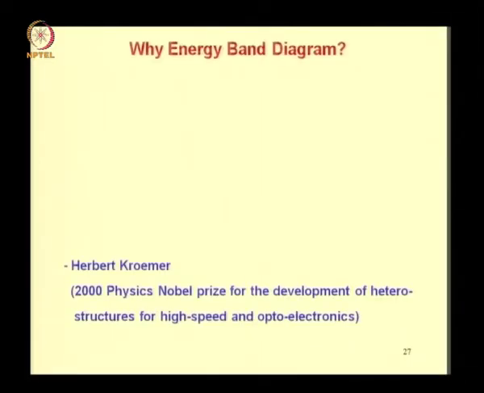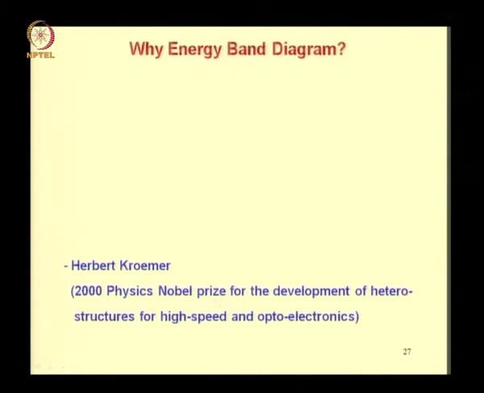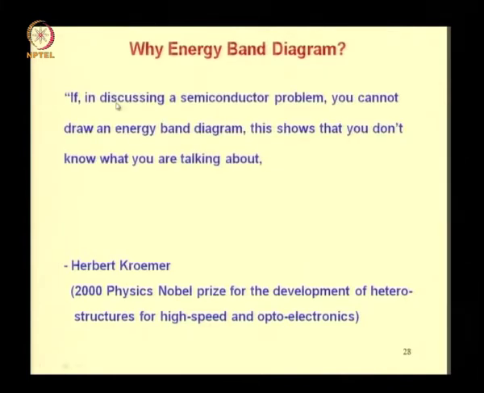This is what Herbert Kroemer, who got the Nobel Prize in 2000 for the development of heterostructures for high speed and optoelectronic applications, said about the energy band diagram. If in discussing a semiconductor problem you cannot draw an energy band diagram, this shows that you do not know what you are talking about.